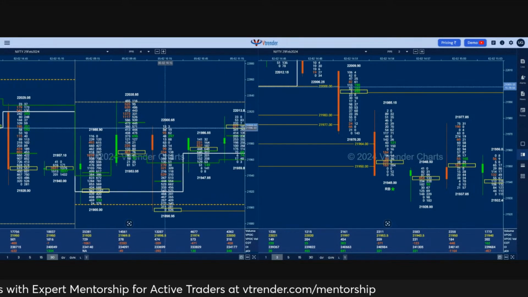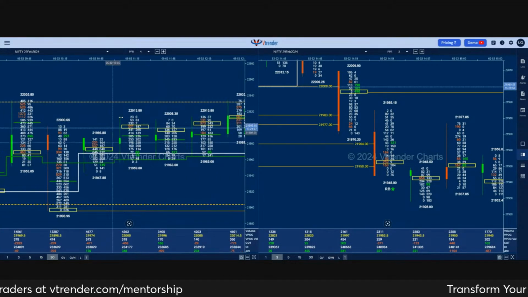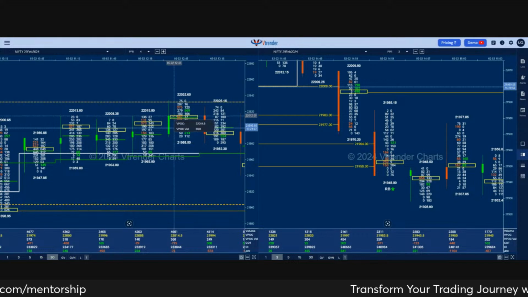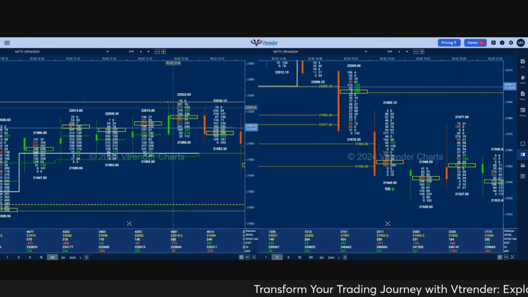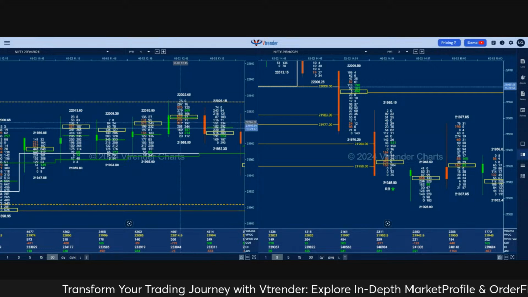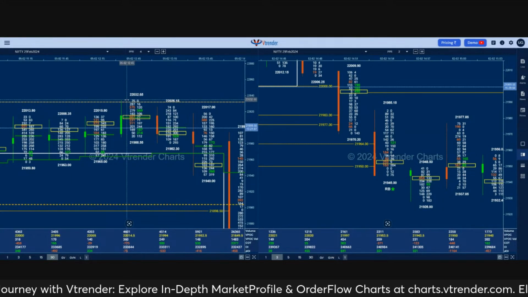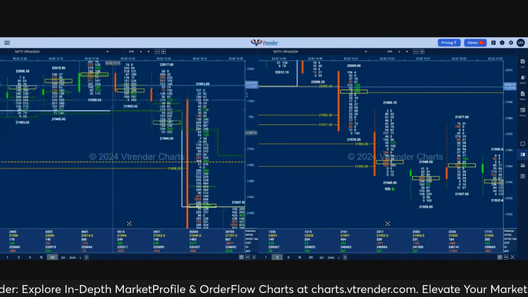This level was not taken out, and even in the afternoon after the G period, we made another attempt there, and for the second time we got only more reds. So it was very clear that this is holding.